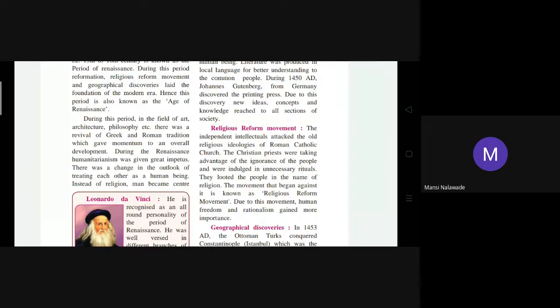Okay, it's okay. Anyone else? Yes, Nidhi? Yes, ma'am. During 1450 AD, Johannes Gutenberg from Germany discovered the printing press.